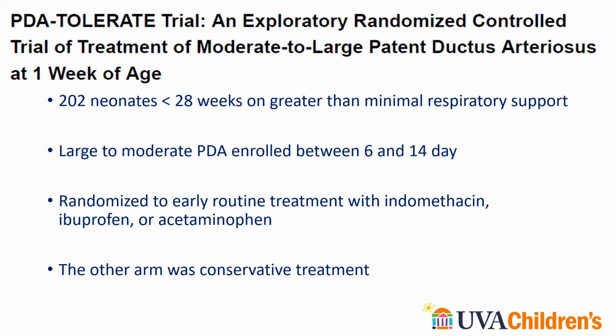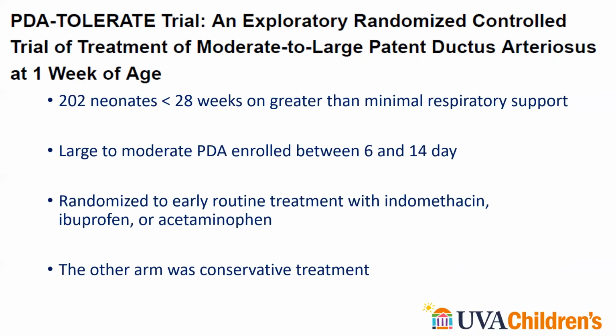So this was a trial that included 202 infants, less than 28 weeks gestation, on greater than minimal respiratory support with a large to moderate PDA, enrolled between 6 and 14 days. The neonates were randomized to either early routine treatment with indomethacin, ibuprofen, or acetaminophen, with indomethacin backup if no closure.